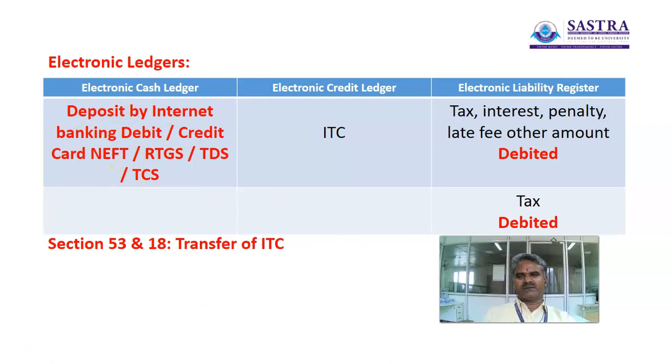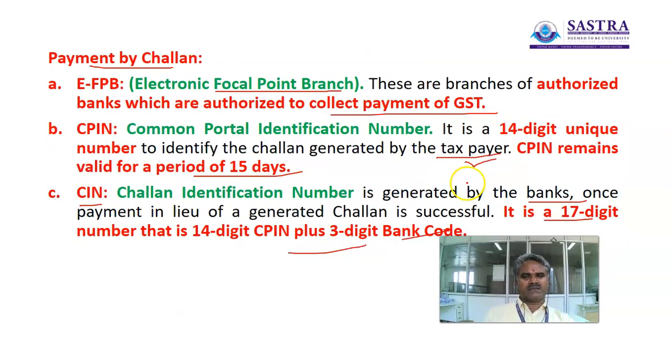Electronic ledgers. Deposits go into the electronic cash ledger: the amounts debited from your bank account through internet banking, credited via RTGS. These are the sources. ITC only is credited in your electronic credit ledger. Then these are the payment deposits, debited against all the balances here.